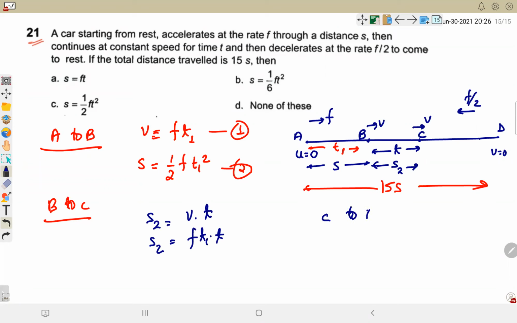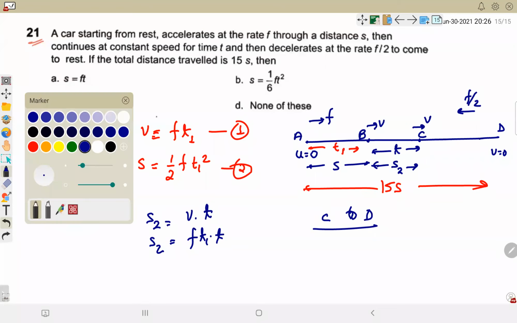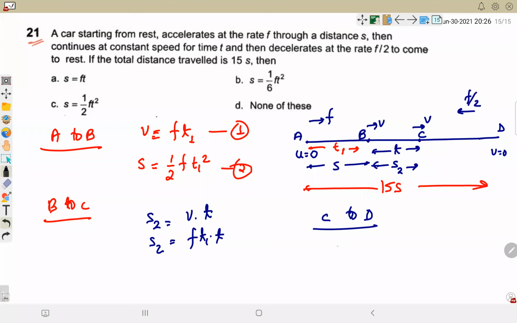Similarly, from C to D, C to D में एक तो final velocity 0 हो गई, so V is equal to U minus AT. V is 0, U is F times T1 and retardation is F by 2. Time taken is suppose T2.